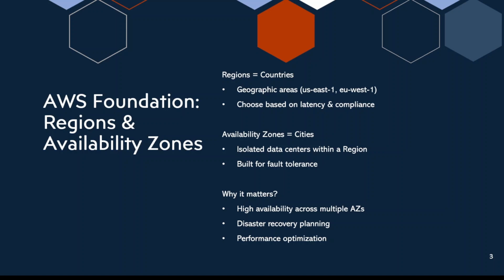So if we see on the AWS side, the regions are the separate geographical locations where multiple data centers are deployed for the AWS services. Like you can see as I write down, US East 1 and EU West 1. US East 1 is the region in the United States, and EU West 1 is the region in Europe.